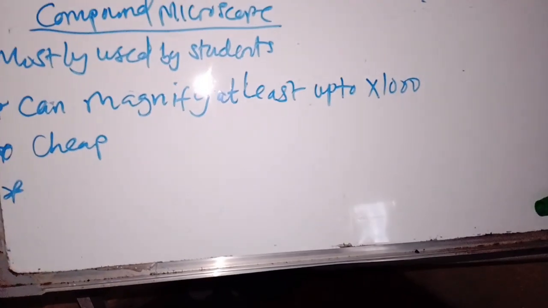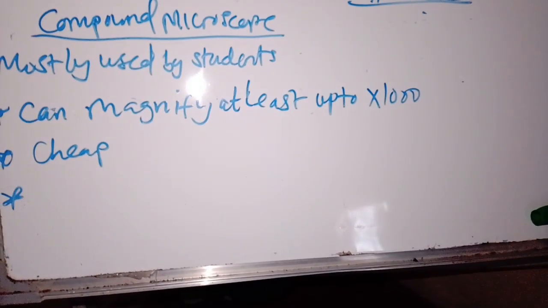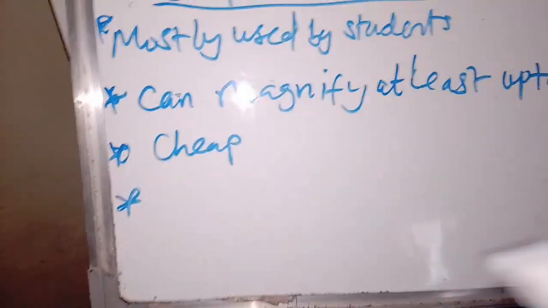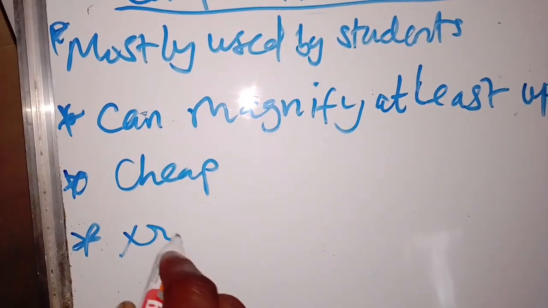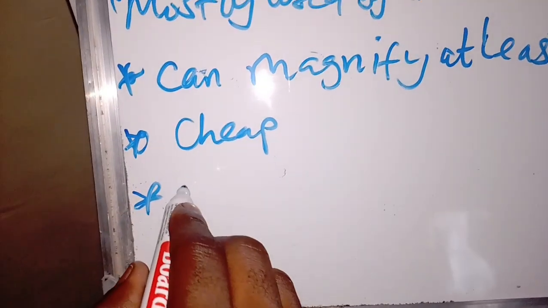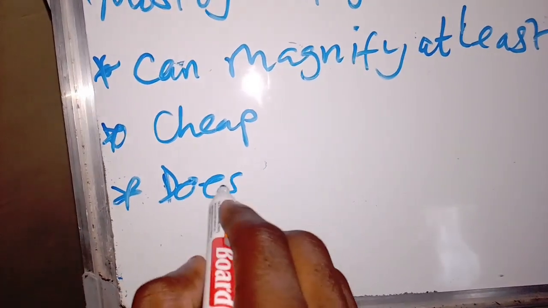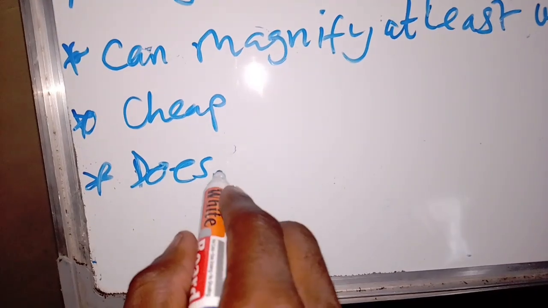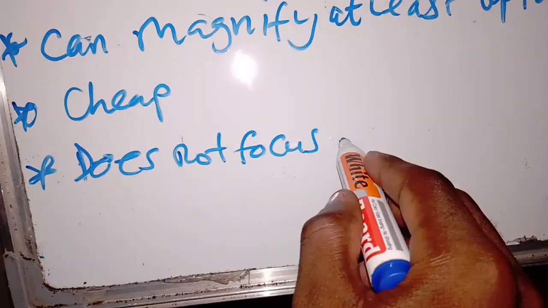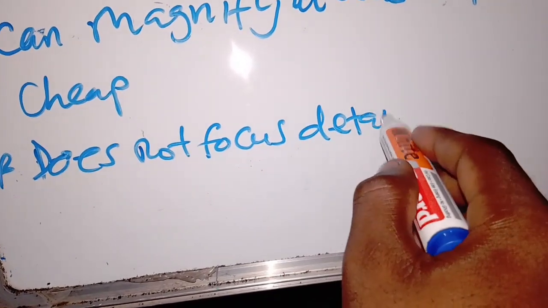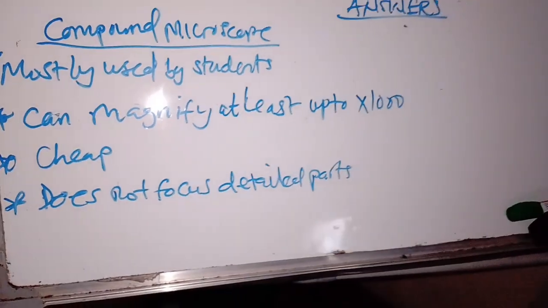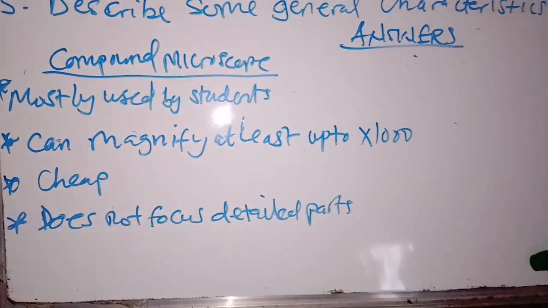And then we can say it does not focus detailed parts compared to, remember we are comparing against the electron. So this one does not focus detailed parts compared to an electron microscope.